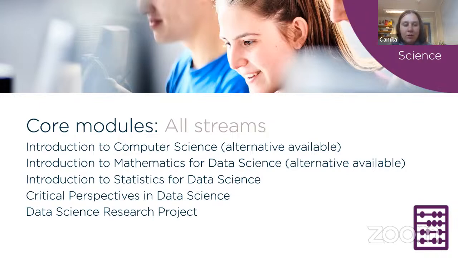So the first three core modules, particularly the first two, are negotiable depending on your background. You wouldn't want to have to redo something you have already done in your undergrad. Introduction to Statistics is only excluded from the pathway for people coming with stats backgrounds, and if they have explored all the elements taught within the component.